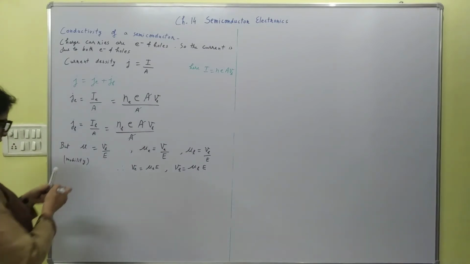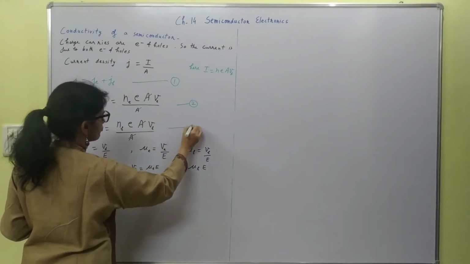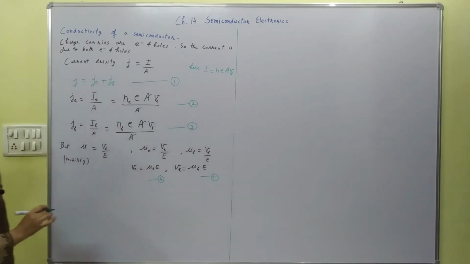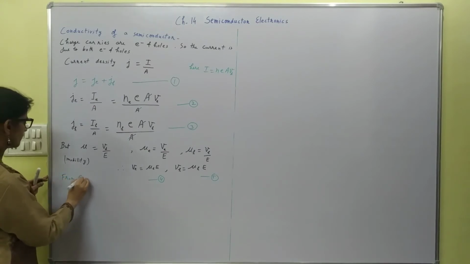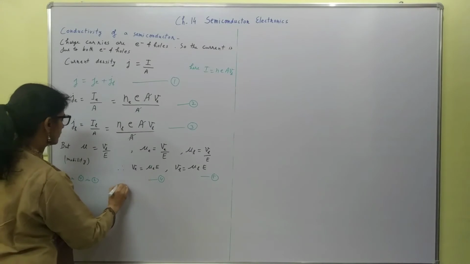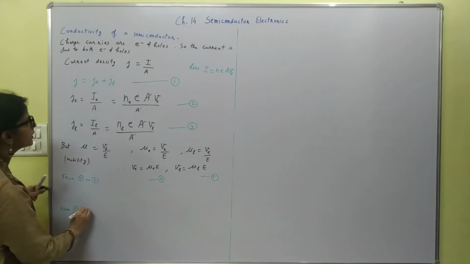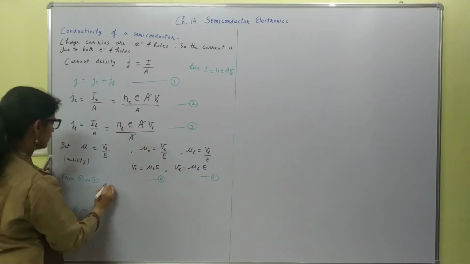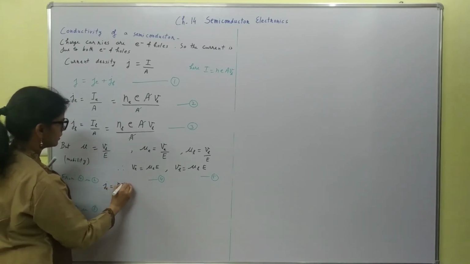We can mark these equations, this as 1, this as 2, this as 3, this as 4, and this as 5. So from 4 in 2, and from 5 in 3, we can write Je, that is the current density of electrons, is equal to Ne e.